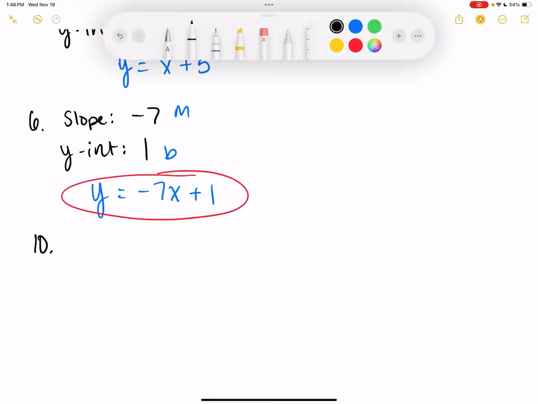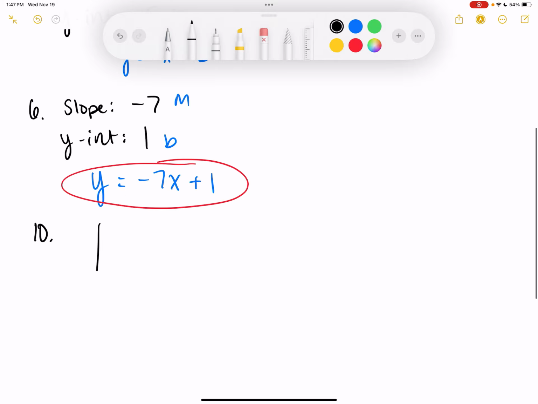Now, if they give you a graph, like they actually have a picture for you, and I'm not going to make you copy that over, but for right now, I'm going to put them up here so we can see it. You would be writing the equation of the line with the given information from the graph. So we have a graph here.